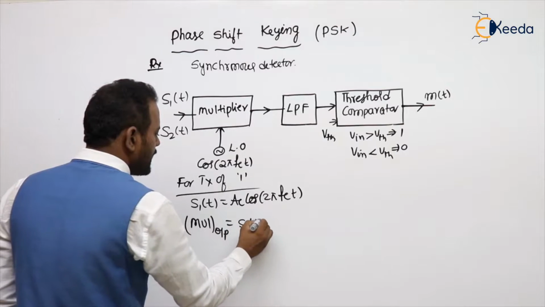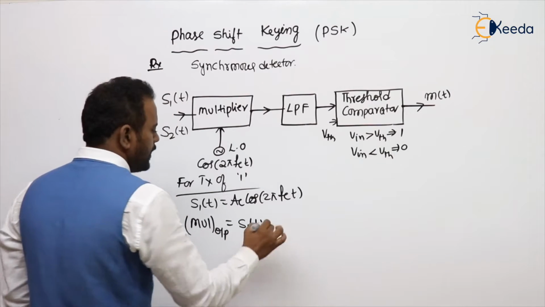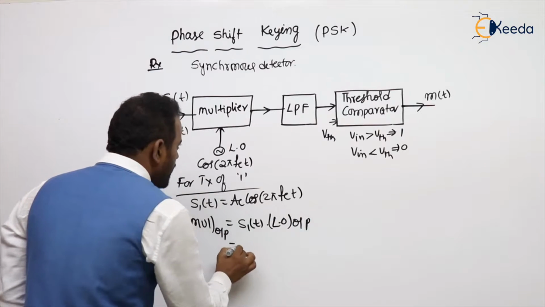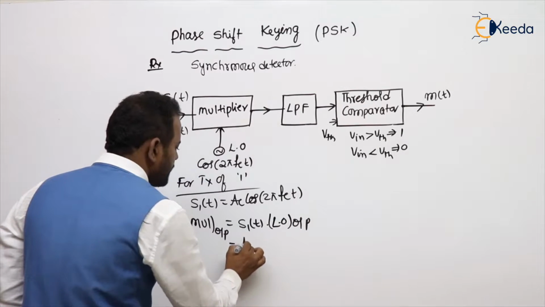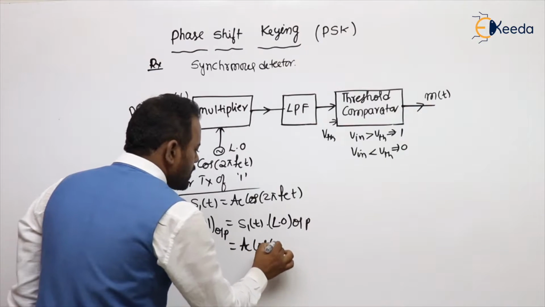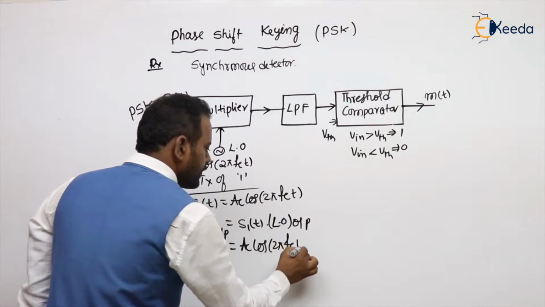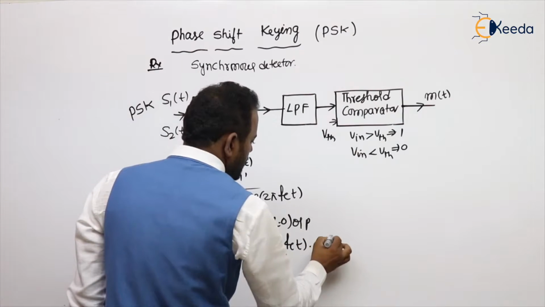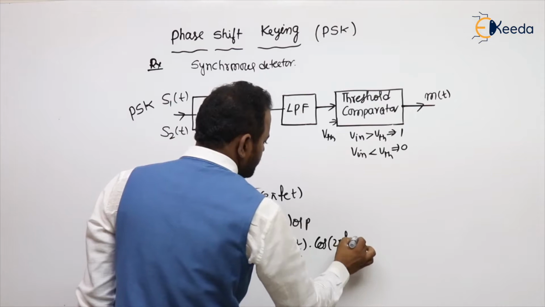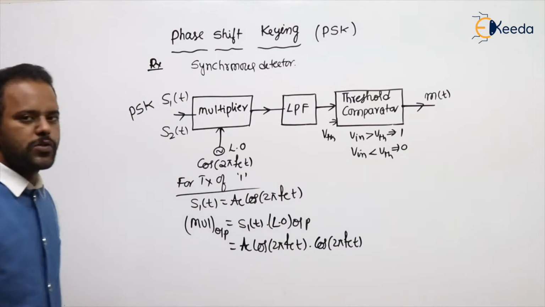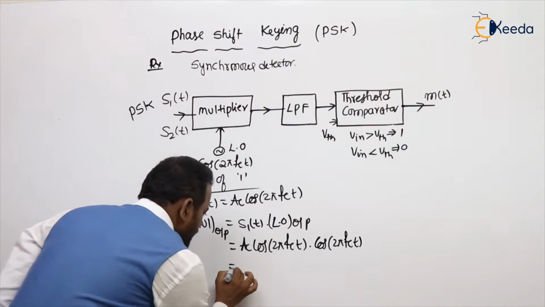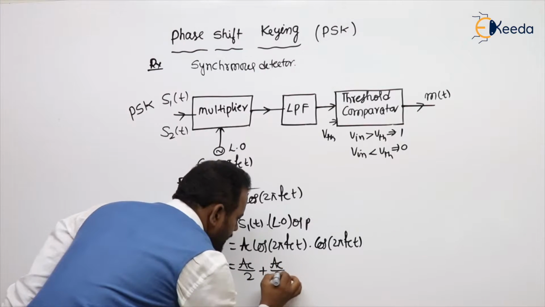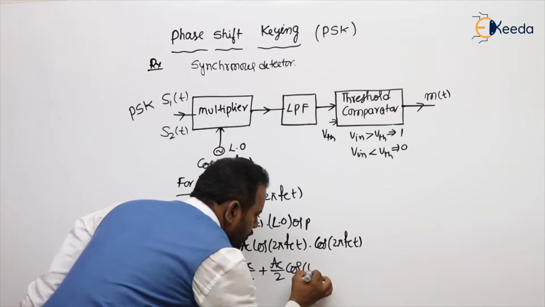The multiplier output is S1 of t times the local oscillator output, which is AC cos 2 pi FCT times cos 2 pi FCT. Cos into cos, cos square. Cos square can be written as, we already know, AC by 2 plus AC by 2 into cos 4 pi FCT.